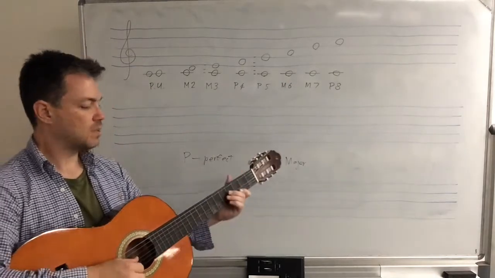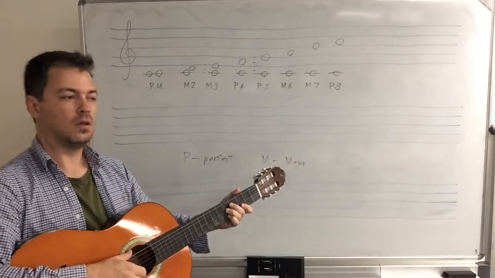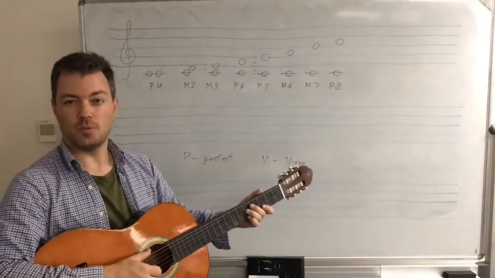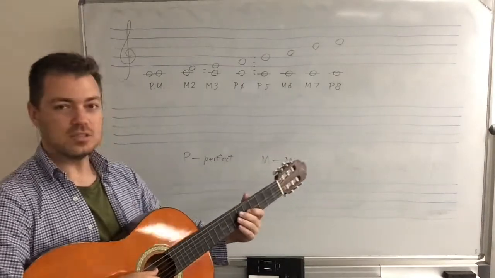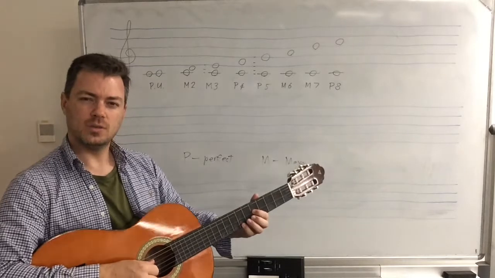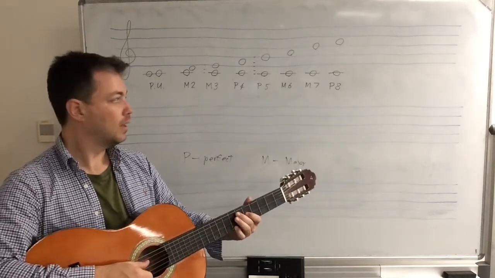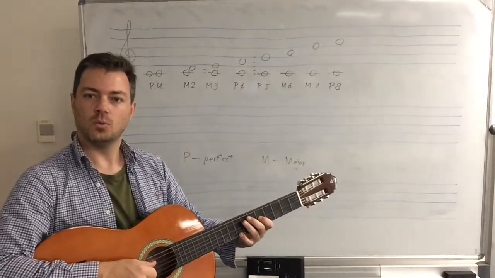A major sixth. Did I say perfect sixth or major sixth? I can't remember now, but that was a major sixth in case I said the wrong thing. A major seventh. Always sounds a bit sort of clashy, that one. And then a perfect octave or a perfect eighth. Always sounds a bit resolved.